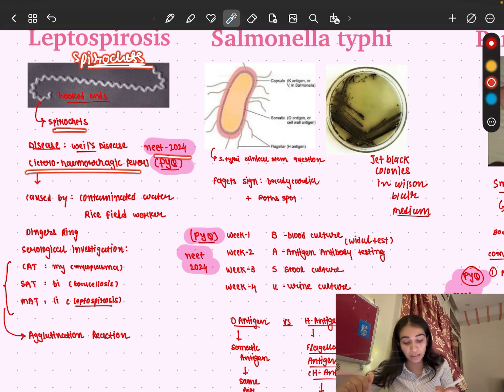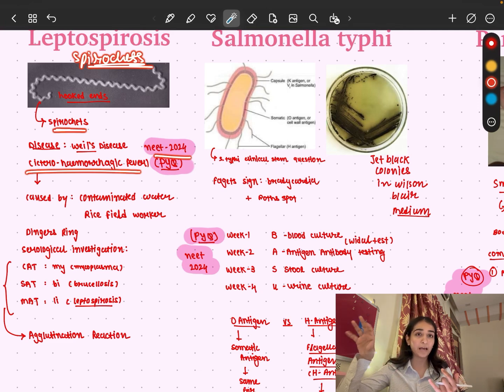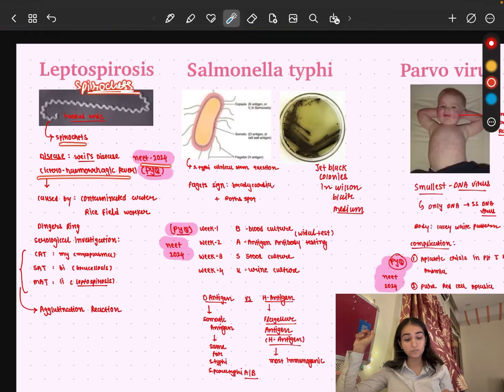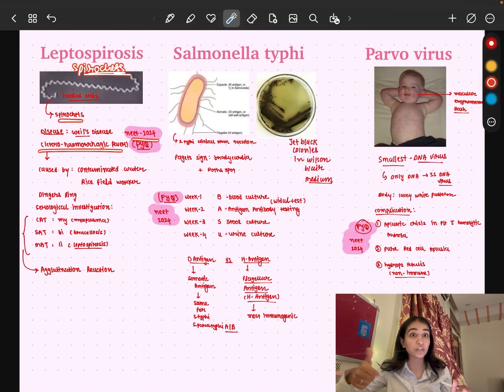In NEET 2024, they have given a clinical scenario that the patient might be having some sort of jaundice and some sort of hemorrhagic fever. How does it spread? It spreads via contaminated water and mostly via rat urine and rice field workers. So probably you will have a rice field worker or farmer in the clinical stem.